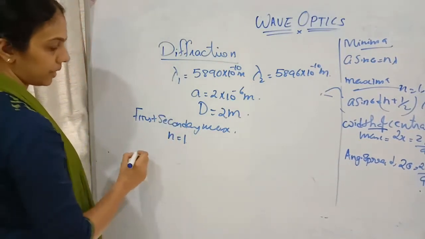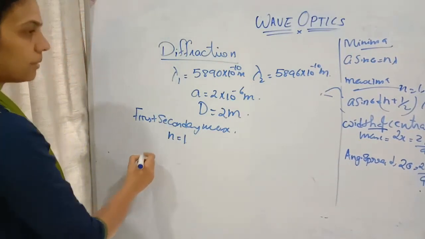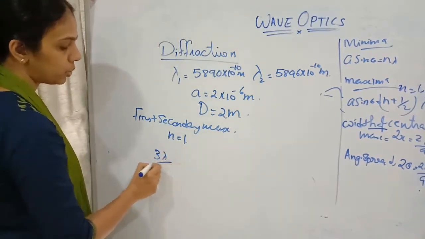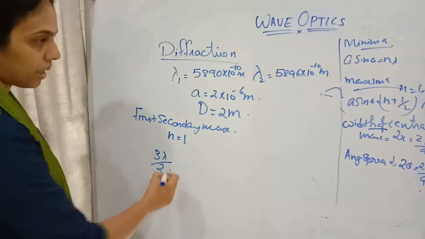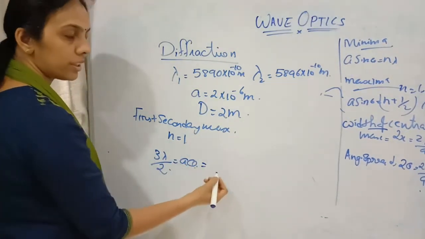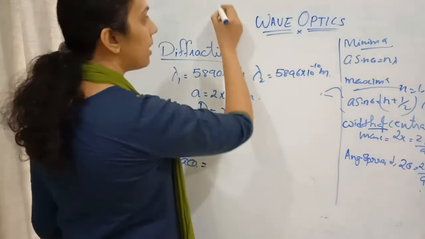Therefore, we can write n plus half into lambda, so 3 lambda by 2 equals a theta. This a theta we already got earlier. Are you remembering?